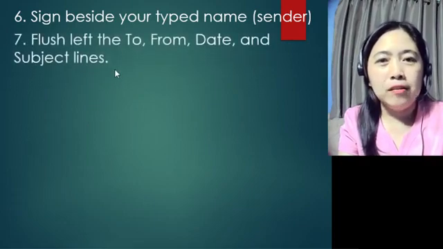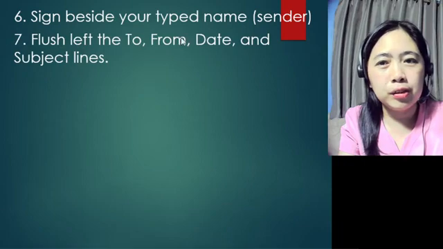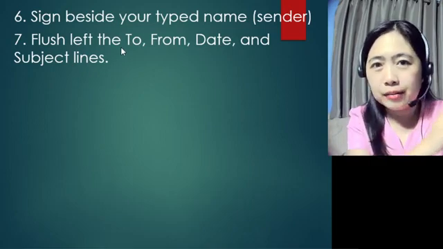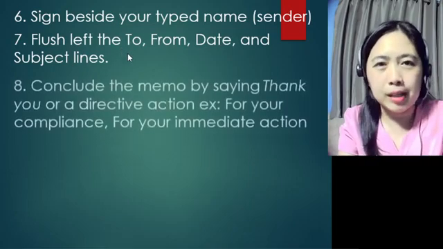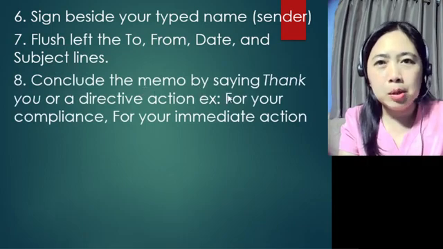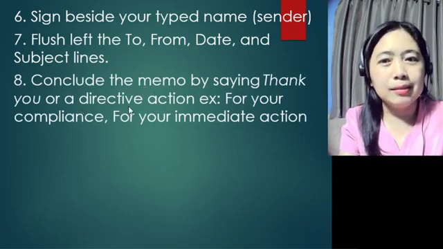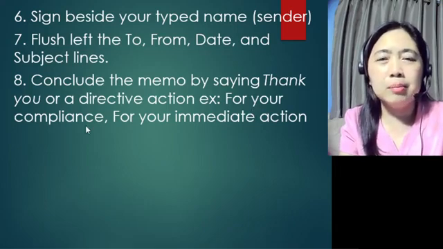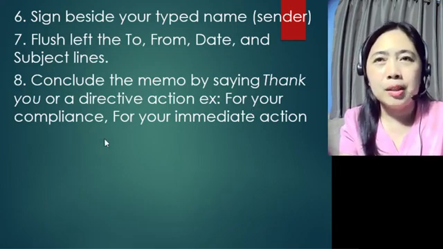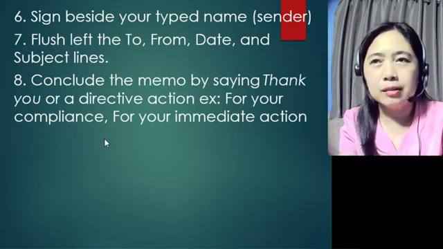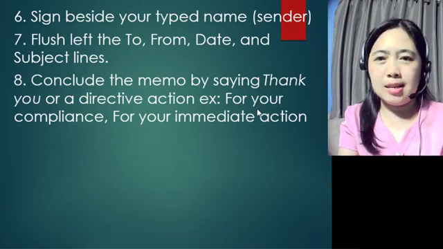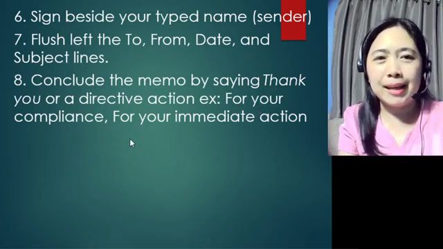Flush left the to, from, date, and subject lines. From the example, all of these are on the left side of the paper. Conclude the memo by saying thank you or with a directive action, for example, for your compliance, or for your immediate action for urgent matters. Normally, what I see in the memo is for your compliance.